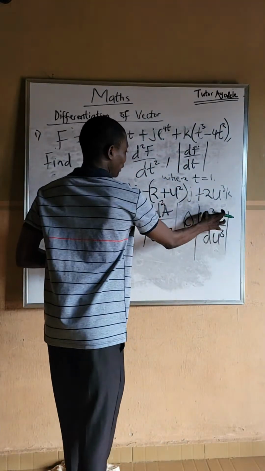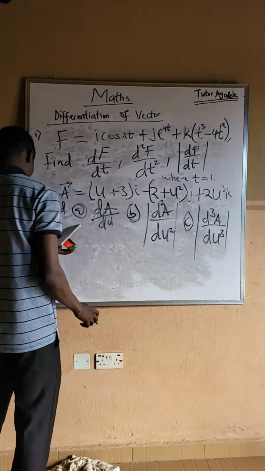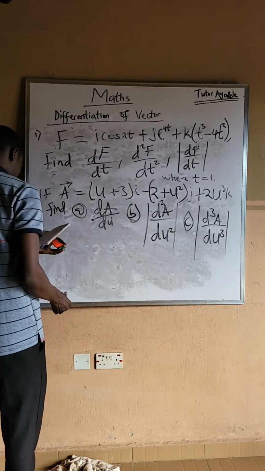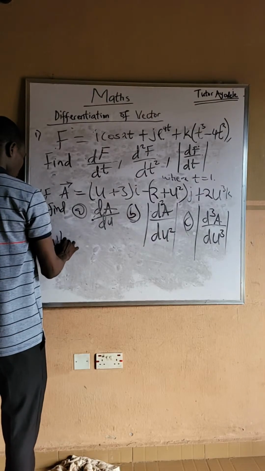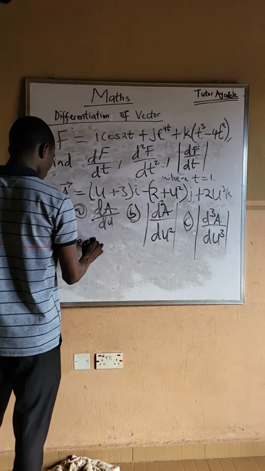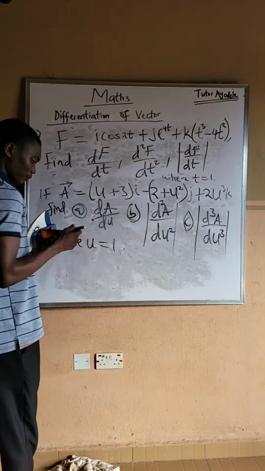You first of all find the third derivative before you find the magnitude here. That is what is going on. So try to solve it, where U equals 1. Solve this in the comments.